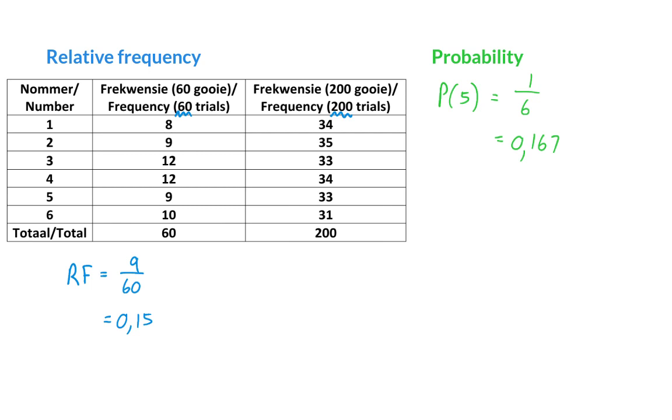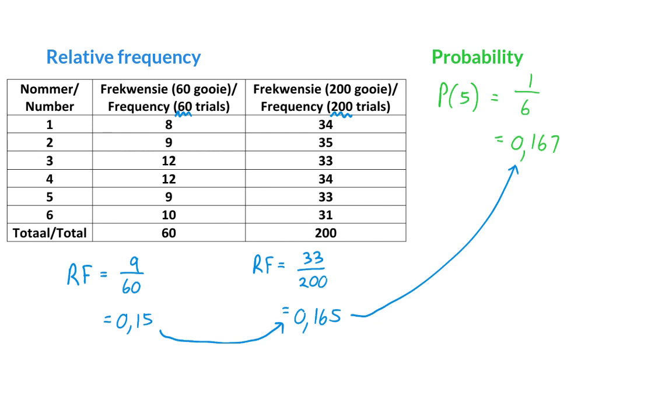In the second experiment, where the dice was rolled 200 times, to get a 5 happened 33 times out of the 200, and this is a relative frequency in decimal form of 0,165. Can you see that when we increased the number of rolls, the relative frequency moved closer and closer to the probability that we predicted?